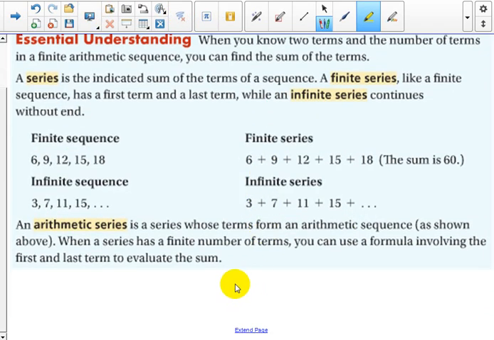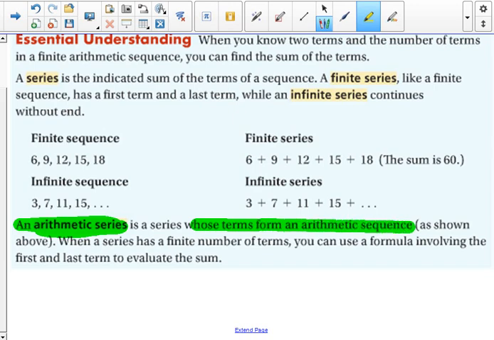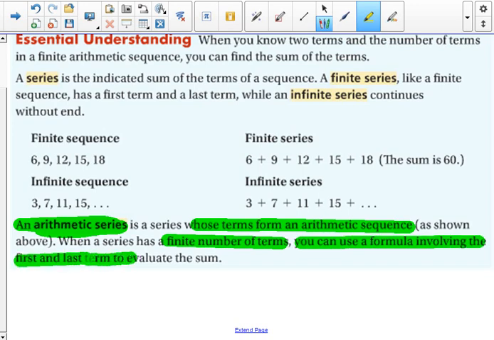So this is going to move us on to an arithmetic series definition. An arithmetic series is a series whose terms form an arithmetic sequence, as shown above. When a series has a finite number of terms, you can use the formula involving the first and last term to evaluate the sum.